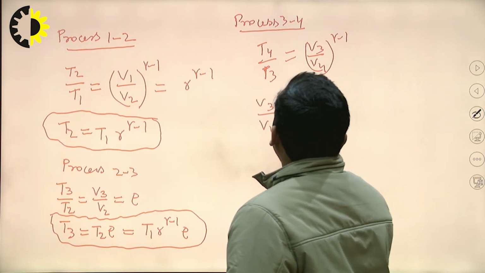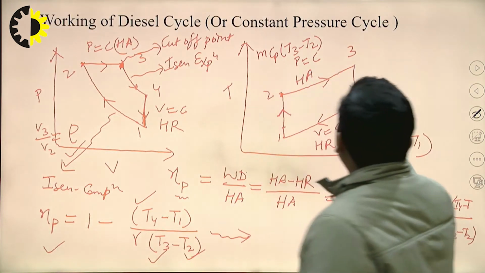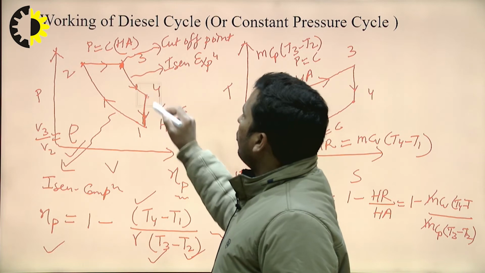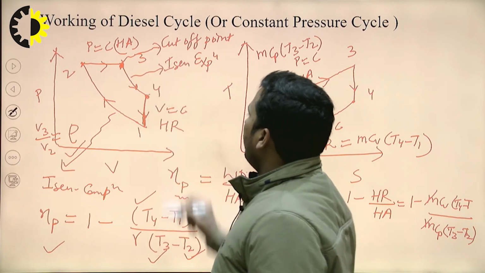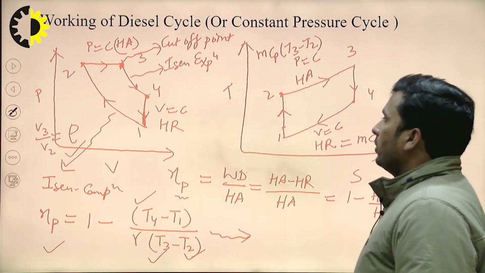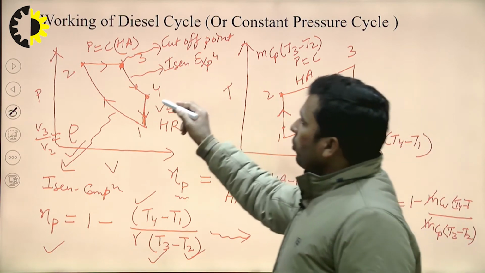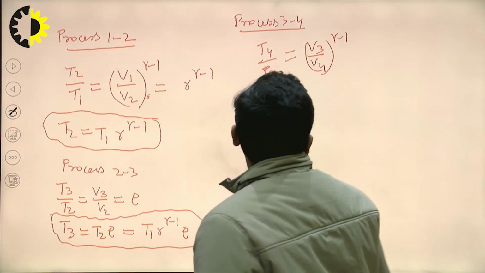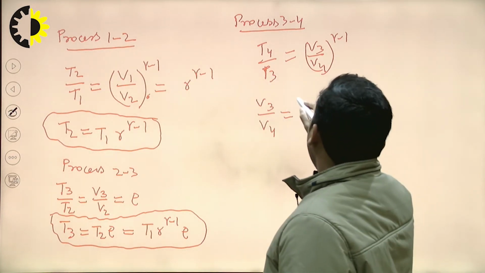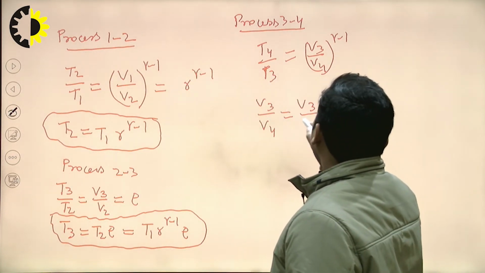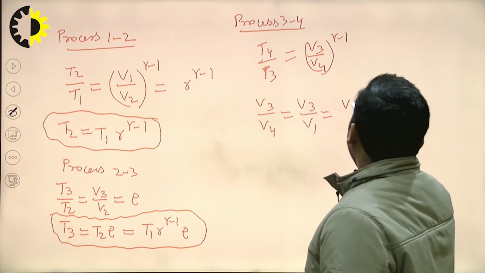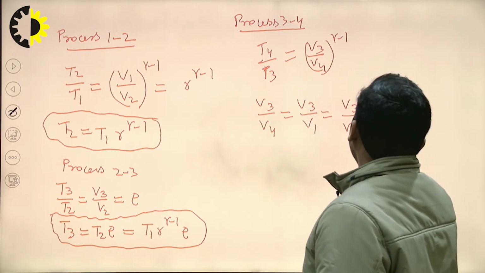You can see from the PV diagram that V4 is equal to V1 because process 4 to 1 is a constant volume process. So V3 by V4 will be equal to V3 by V1, because V4 is equal to V1, or we can also write V3 by V2 into V2 by V1.